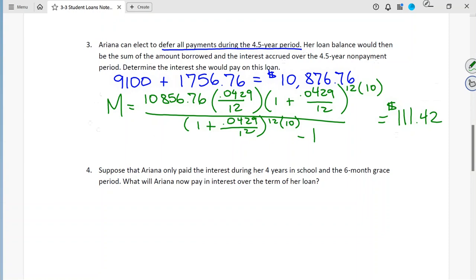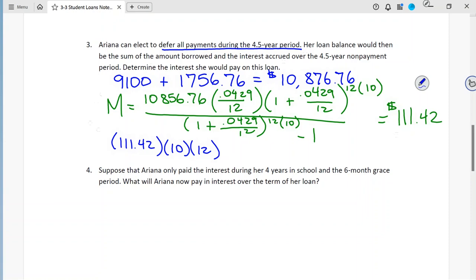Okay, now we're not done. It's not 111.42 is all she pays. She still pays back the full amount. Okay, but she's paying back 111.42 every single month for the next 10 years. So how much did she pay? She pays 111.42 times 10 years times 12 months.